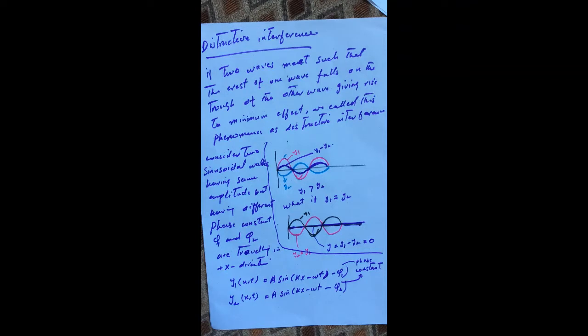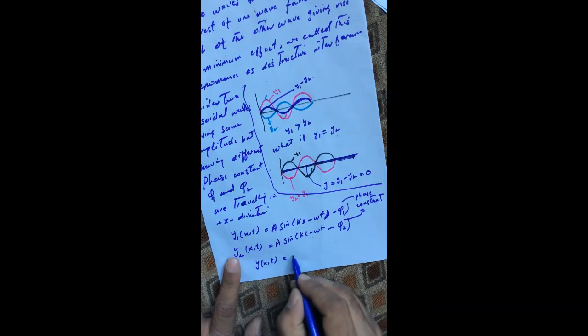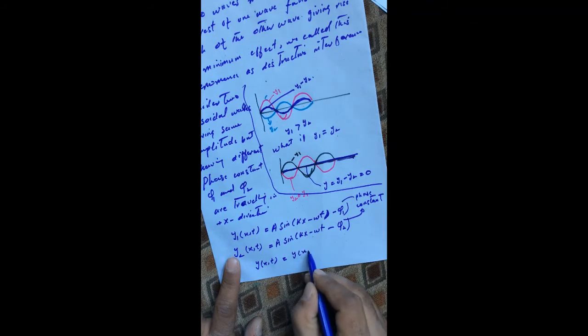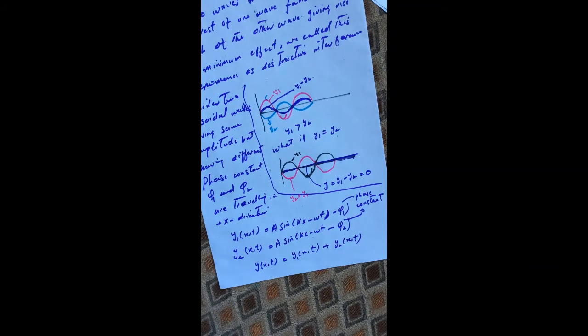Now, in mathematical language, we call the interference of waves superposition. So we can write the resultant wave, which I represent by y, a function of both position and time, equal to the sum of y1 and y2. This is the resultant wave from the superposition of these two waves.